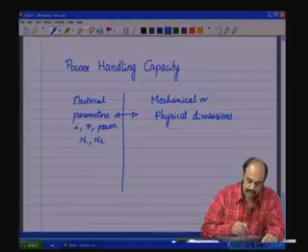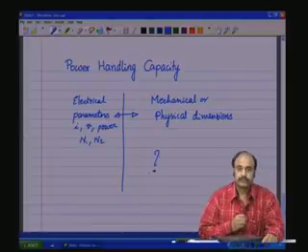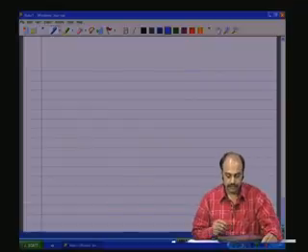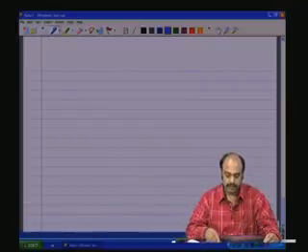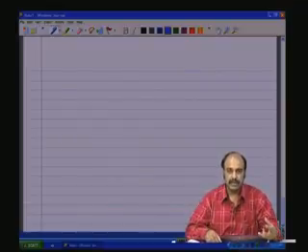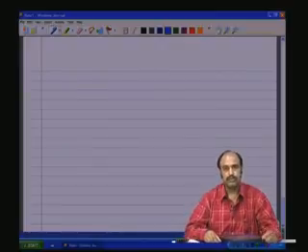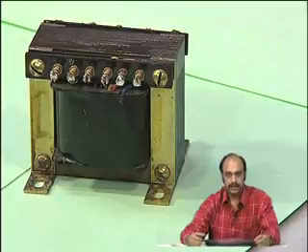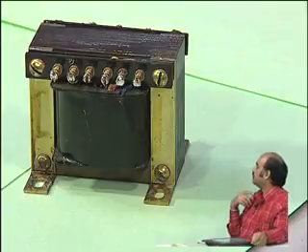So, what is that mapping and how is that done? Let us have a look at the transformer to get a better understanding of what are the physical dimensions that we are going to talk about. So, you see the picture of the transformer here.